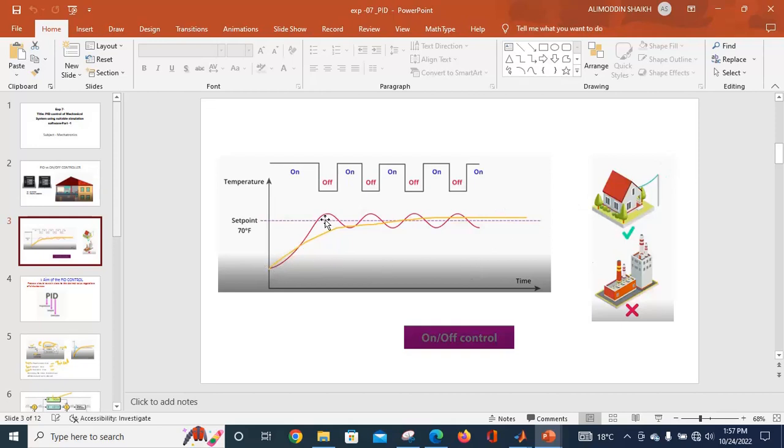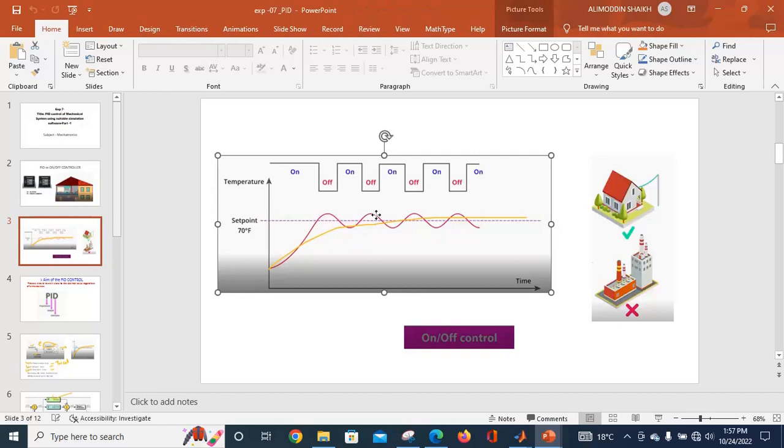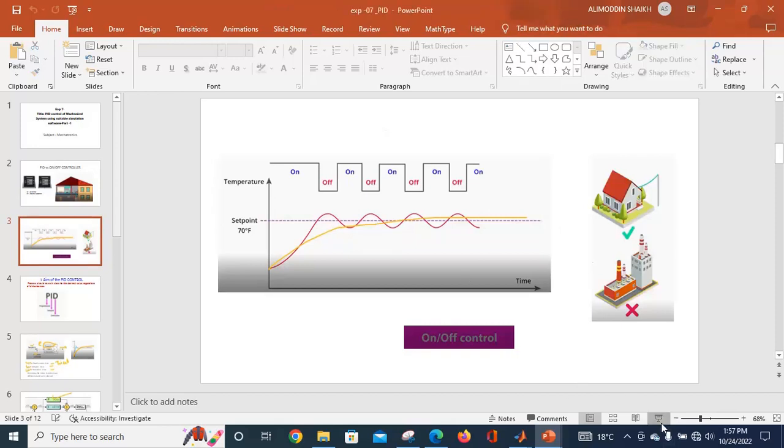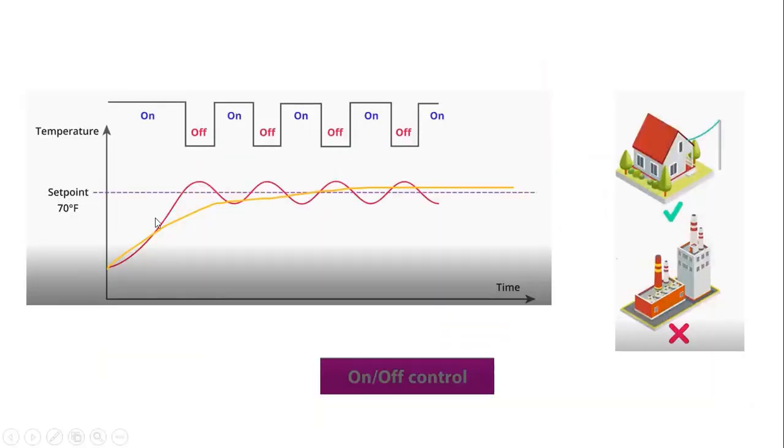This is the graph. The red color graph shown here is for the on-off control. This kind of pattern is not suitable in industrial applications. For industrial applications we want this kind of graph, the orange color graph.